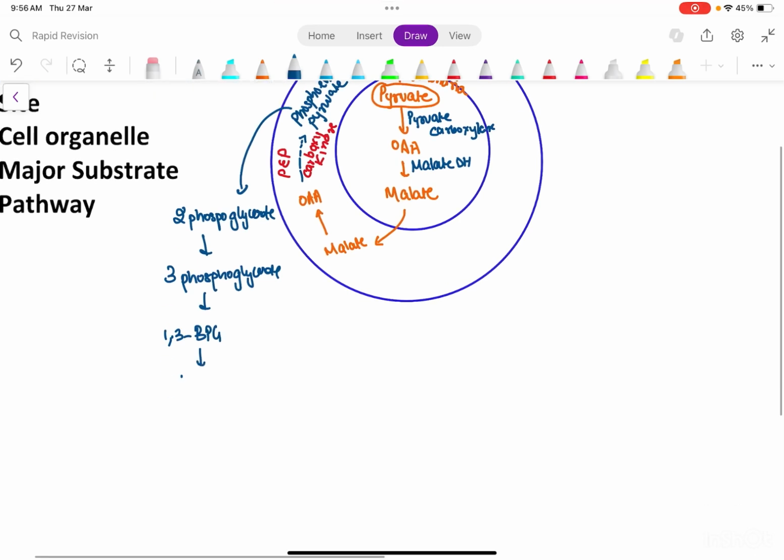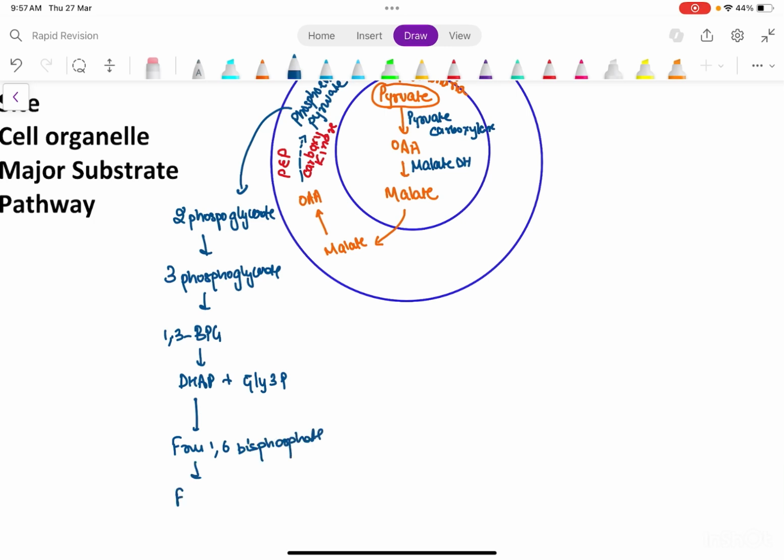Then we have the two intermediates, dihydroxyacetone phosphate plus glyceraldehyde 3-phosphate. Then after this we have fructose 1,6-bisphosphate, and then we have fructose 6-phosphate, then we have glucose 6-phosphate, and then we have glucose, the final product.